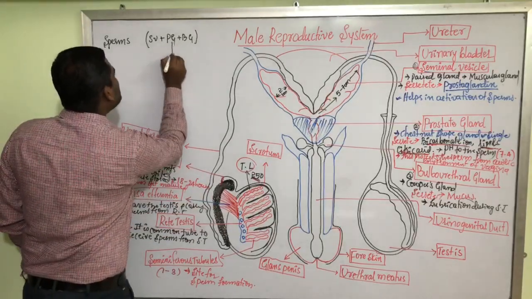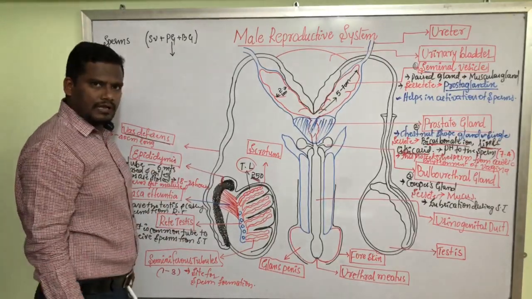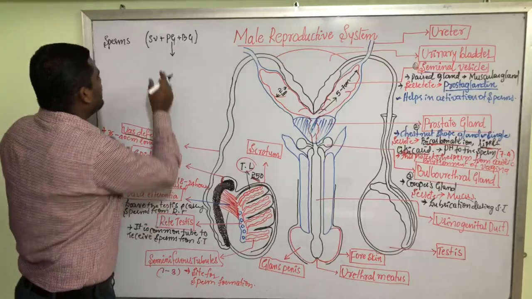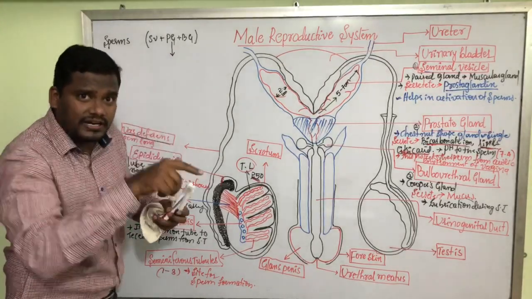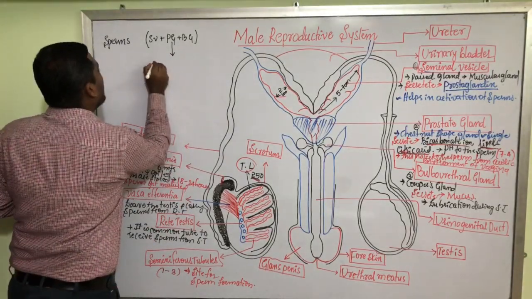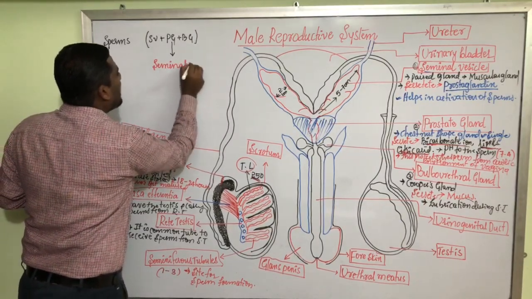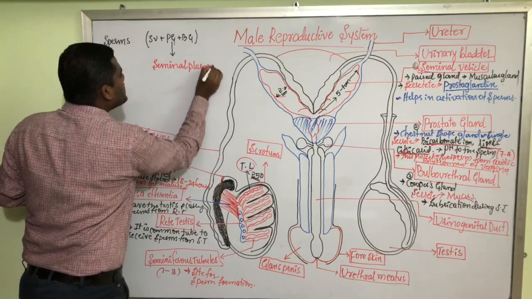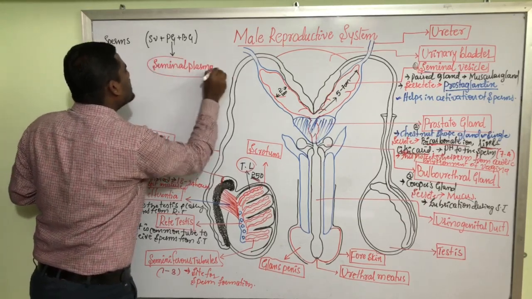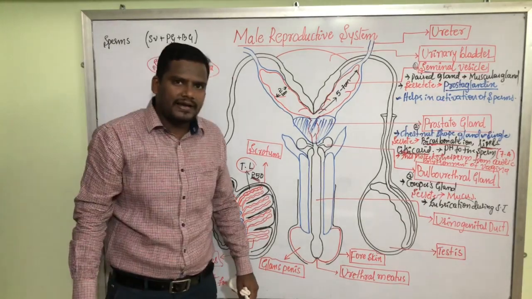These three glands secrete their secretion. That secretion of all the three glands together is called seminal plasma. Seminal plasma. What is a seminal plasma, my dear friends?